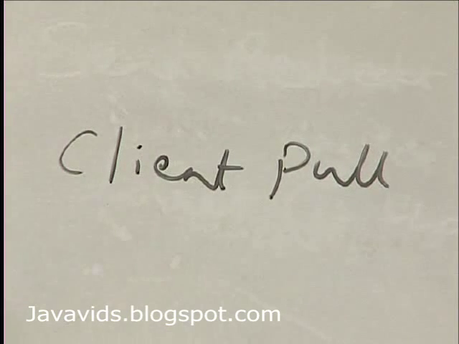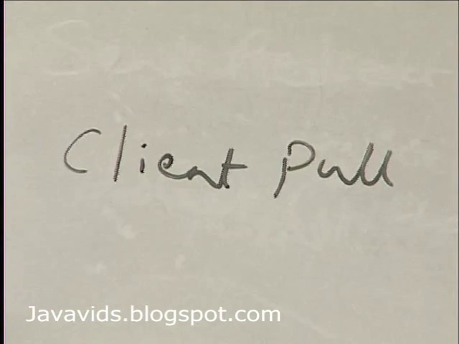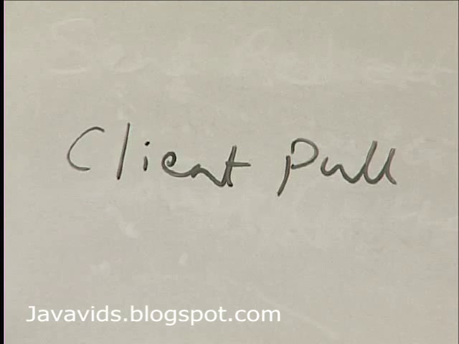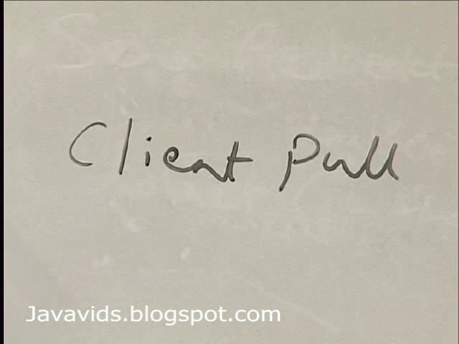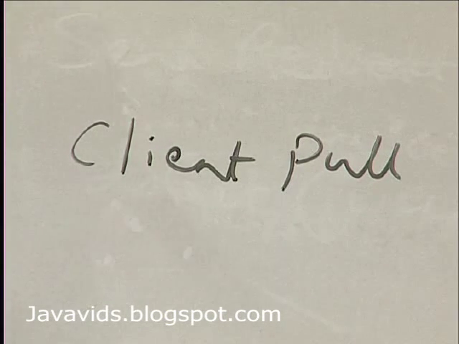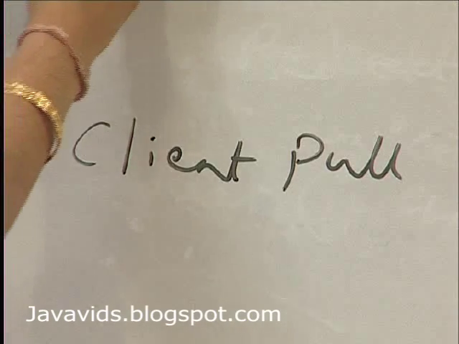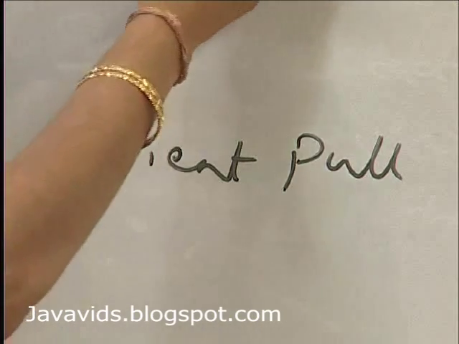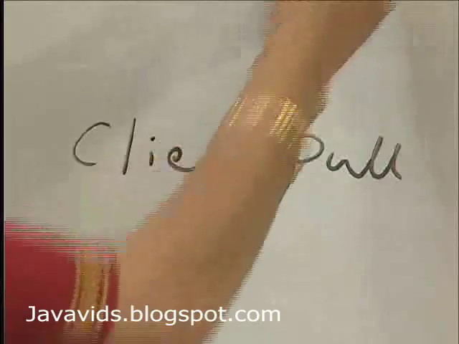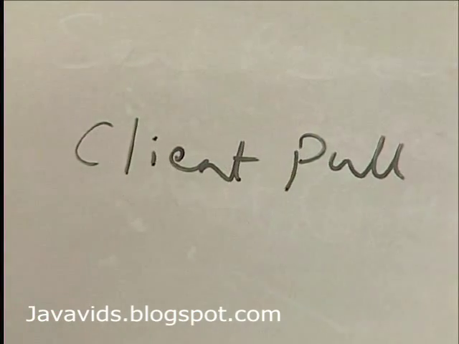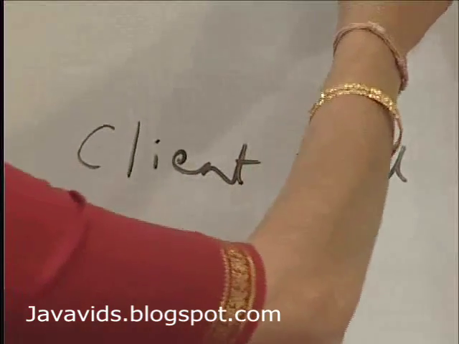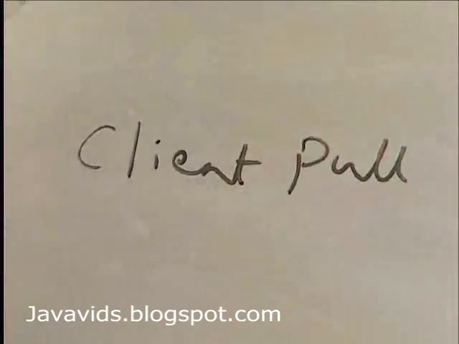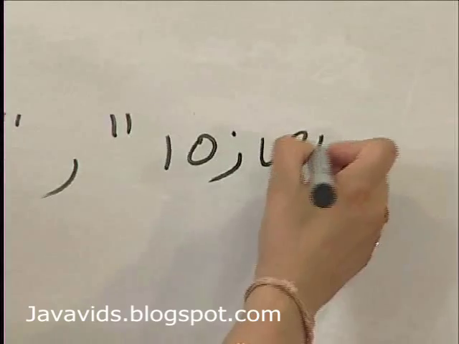So for client pull, what you do is, in your servlet, you say response dot setHeader. Here you set the refresh header, specifying after how many seconds you want to refresh the page and the URL of the page that has to be called.